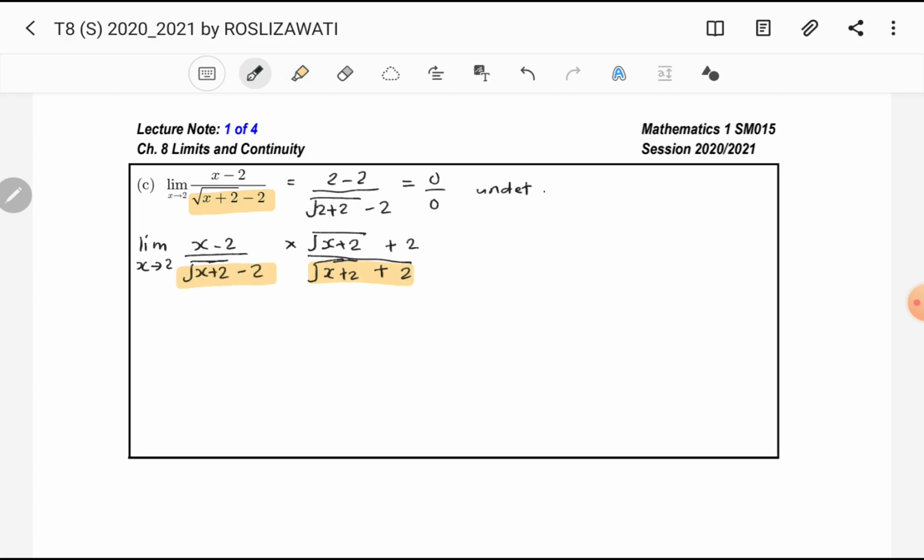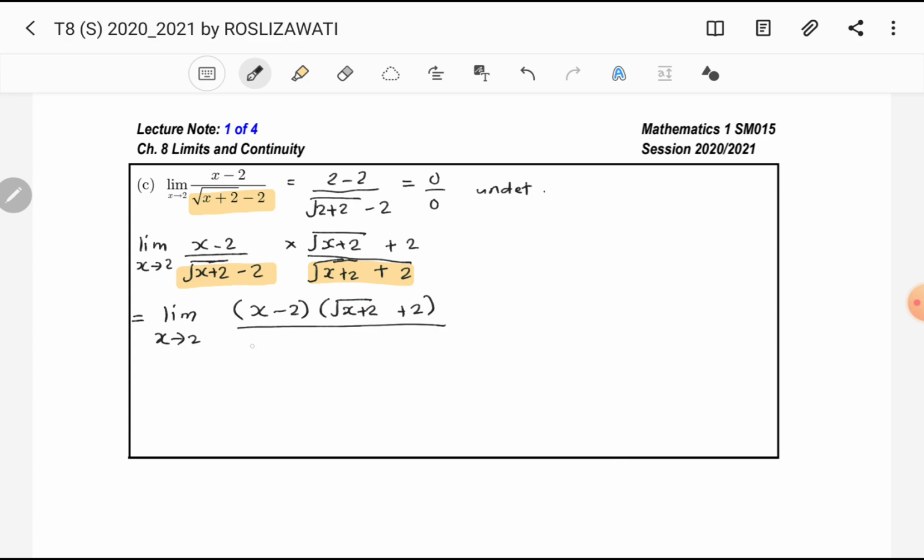Nah, okay, so we have equal to limit x approaches 2. Okay, we write the numerator as factors. Okay, root x plus 2 over. Okay, we expand the conjugate each other.